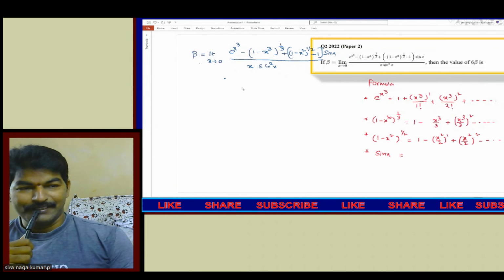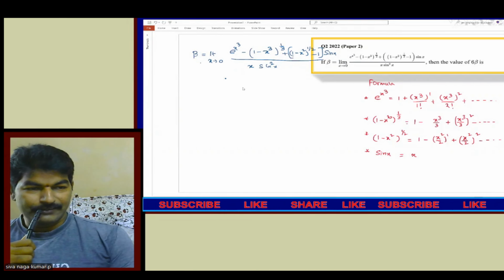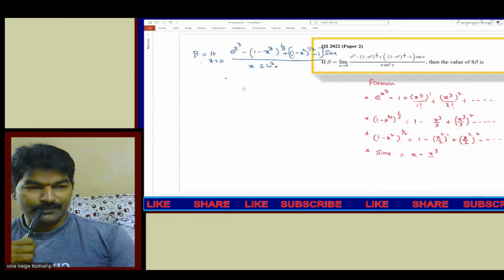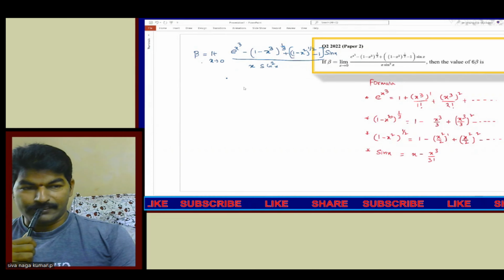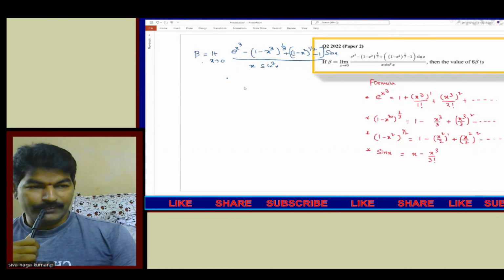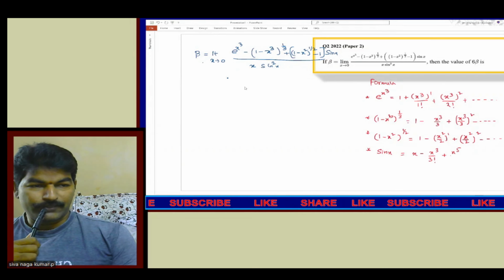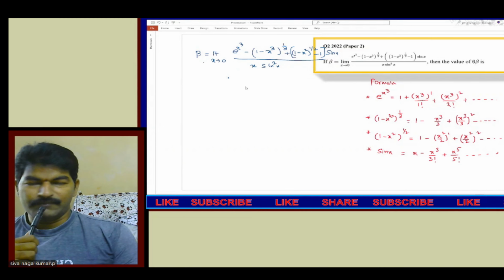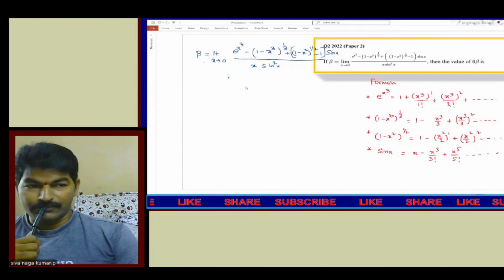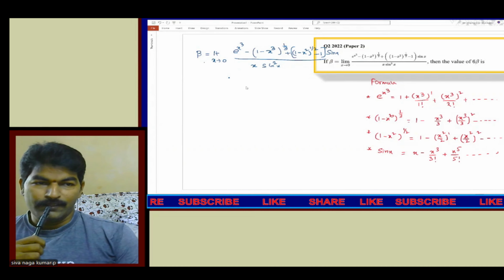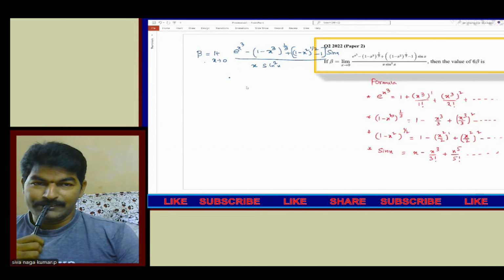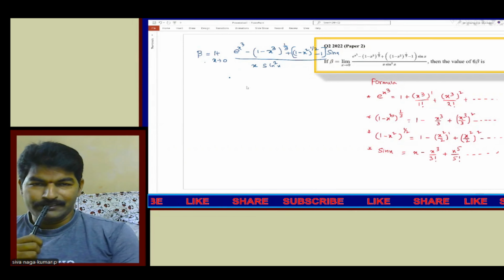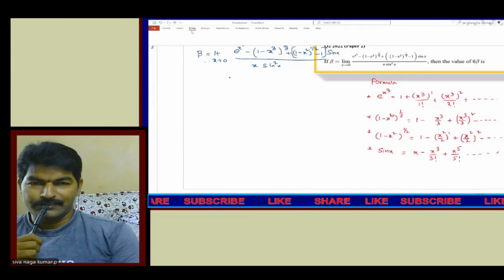The sin x formula is x minus x cube by 3 factorial plus x power 5 by 5 factorial and so on, with odd powers and alternating signs. And so on means it will go up to infinity. So these are the formulas we are going to use in this problem. If you know these results, automatically you can solve this problem.